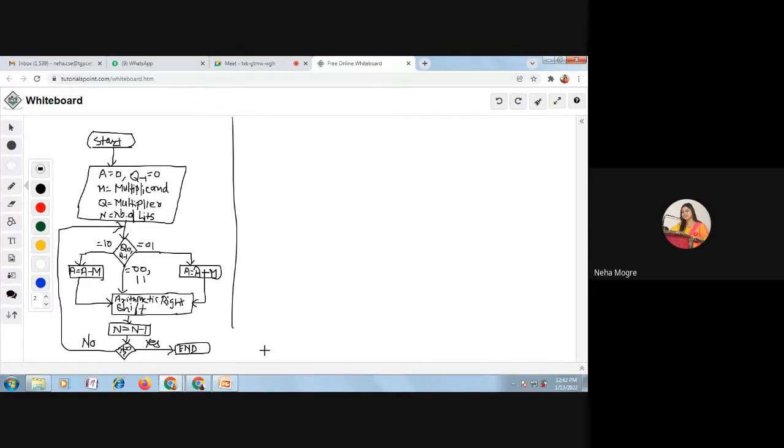So looking at this flow chart, let us take a simple example, the first problem, as a multiplication of two numbers. Write the question.